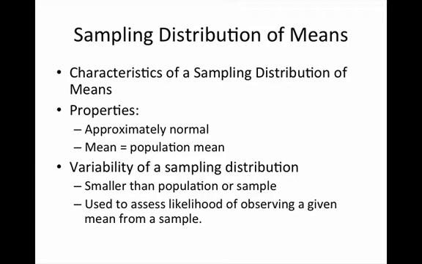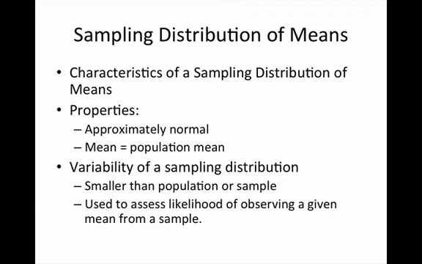So remember, the last lecture introduced the idea of sampling error. And what we want to do is realize that as we pull samples from the population, we produce a sampling distribution of means. Essentially, this is a distribution of sample means, and it has certain characteristics.